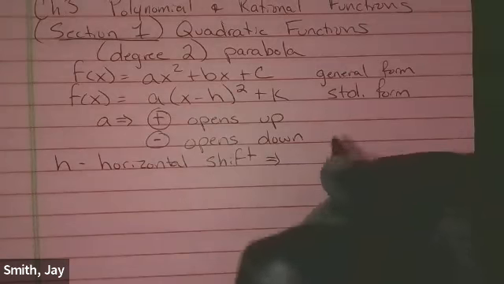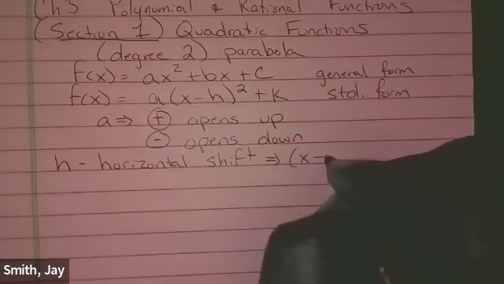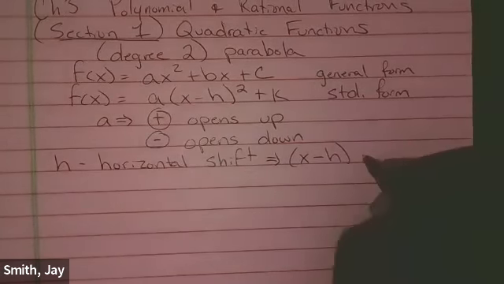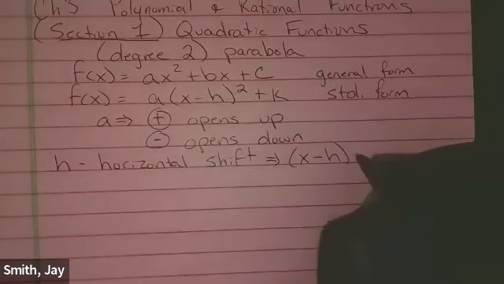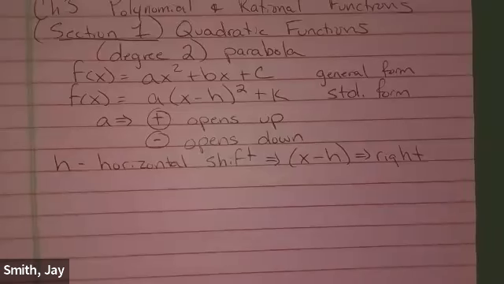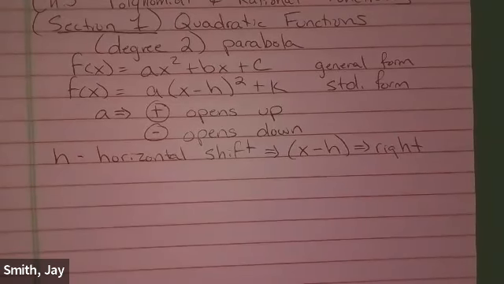When we see x minus h, it's actually going to be shifted to the right h units. So remember that horizontal shifts are the opposite of what we see. So if we see negative h, negative values on the x-axis, you'll think move to the left. But remember, horizontal shifts are the opposite of what we think. So if we see negative h, move to the right h units.